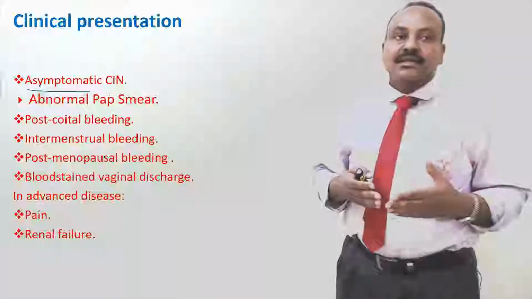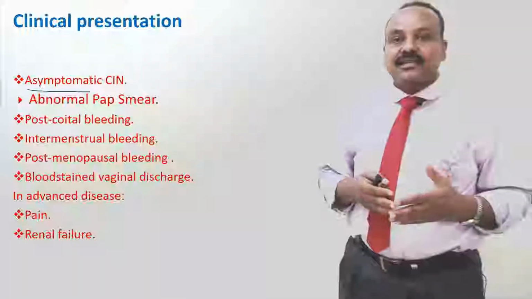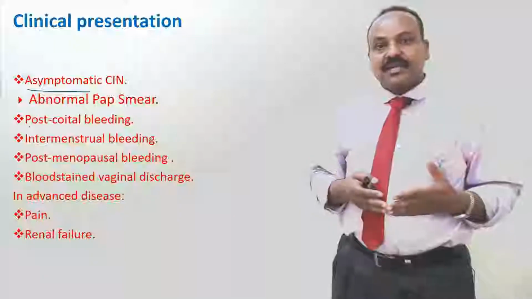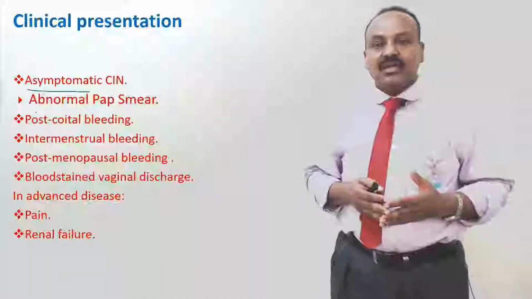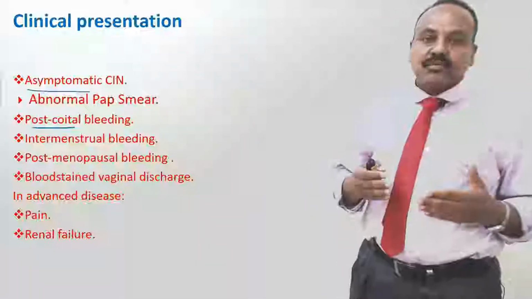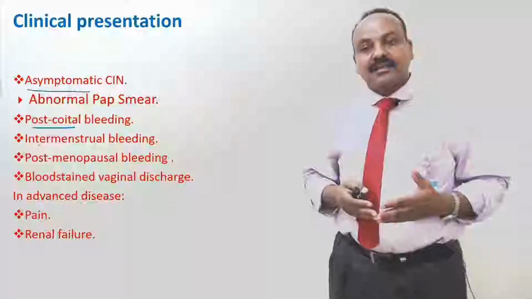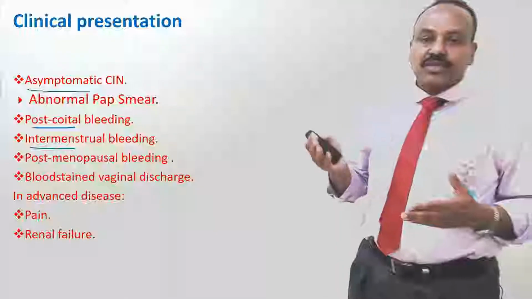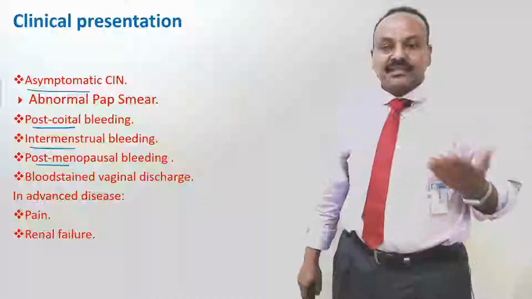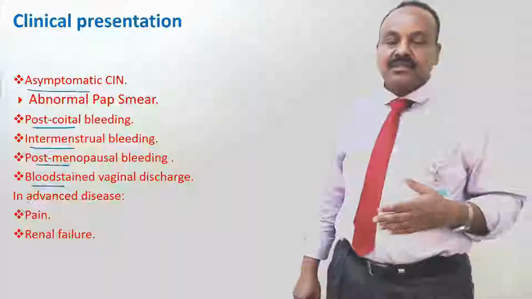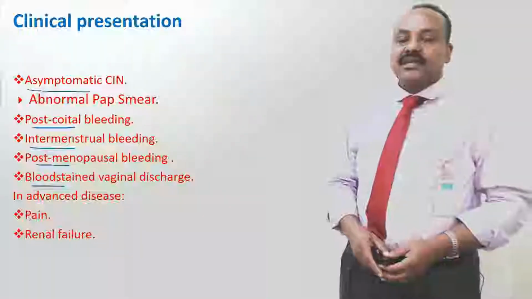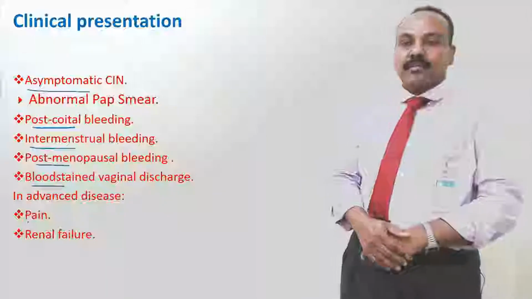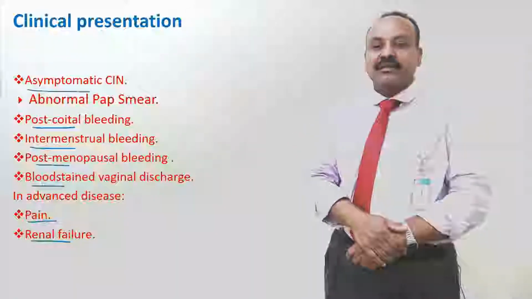These are early stages of CIN, and an abnormal Pap smear can be discovered accidentally. Some patients come with postcoital bleeding, intermenstrual bleeding, postmenopausal bleeding, or blood stained discharge. Sometimes in advanced stages, cervical cancer presents with pain or renal failure.